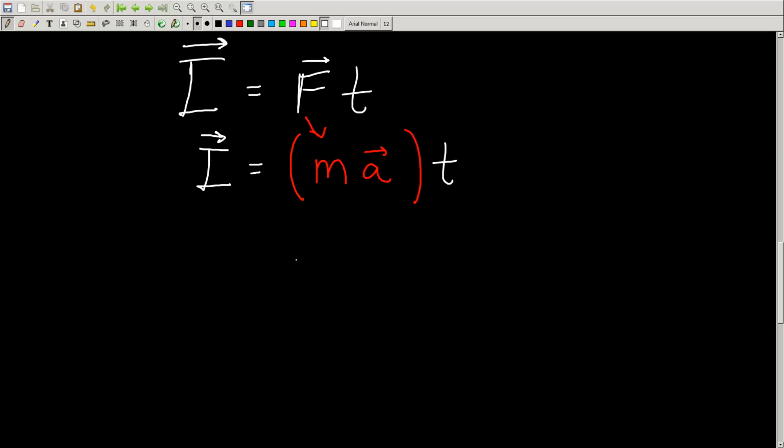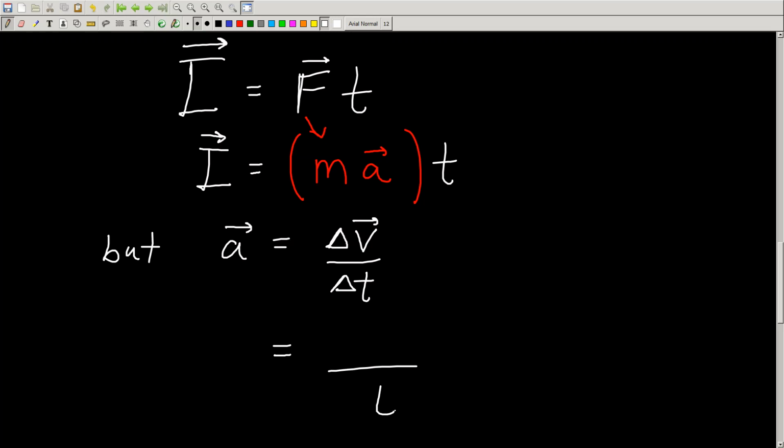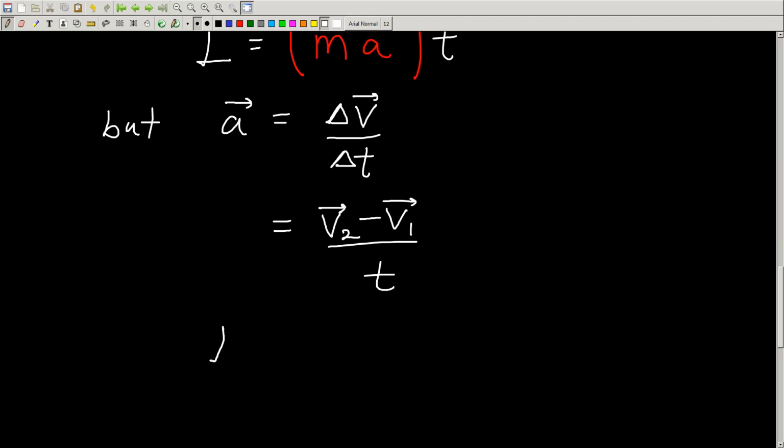But the acceleration is actually how velocity changes over time, which is something that we've also covered. Now what that means is after some time t, the velocity goes from v1 to v2, which means that it's changed.